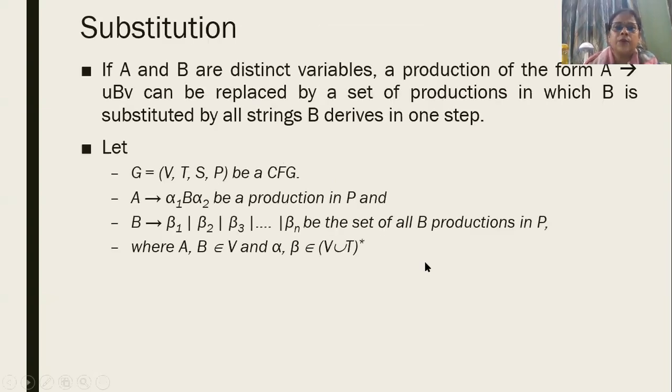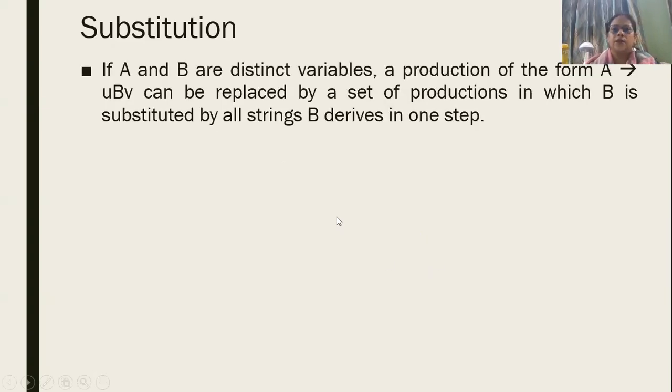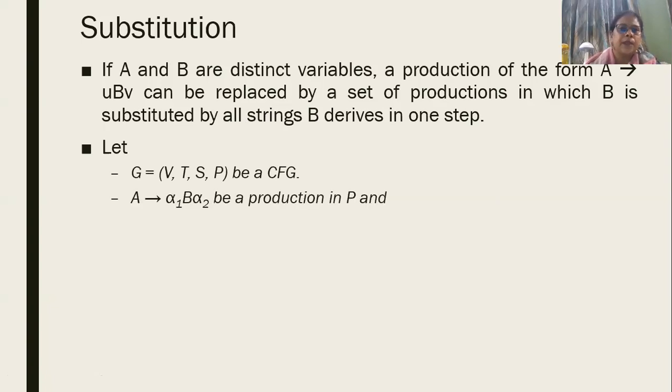To do this, the process that we use is called substitution. So if we have A and B as variables, a production of the form A derives uBv can be replaced by a set of productions in which B is substituted by all strings that B derives in one step. Formally stated, suppose you have a grammar G given by V, T, S, P. You have a production with A on the left hand side, sometimes we also call them A productions.